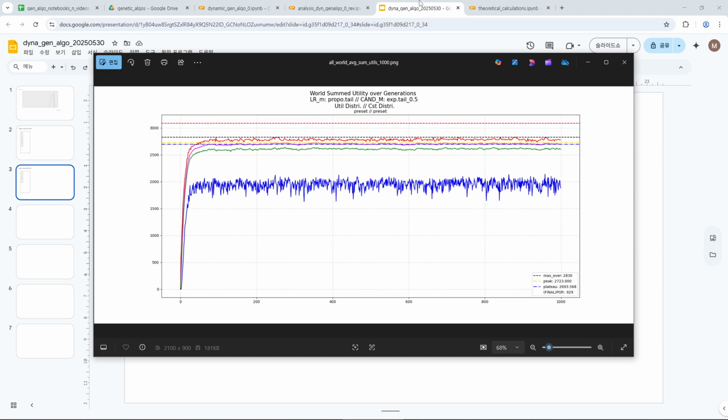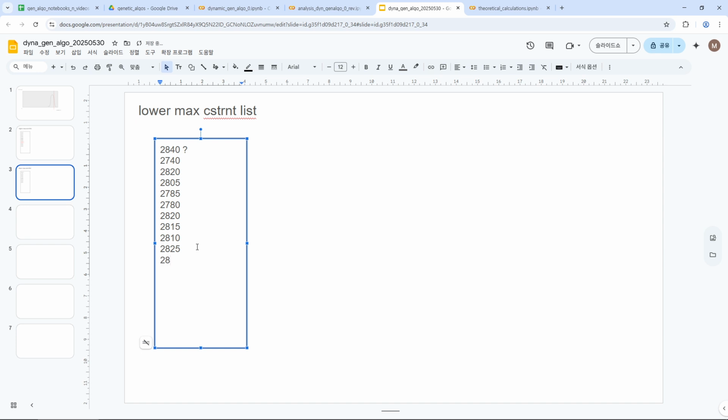So still getting there, but not 2840 yet.